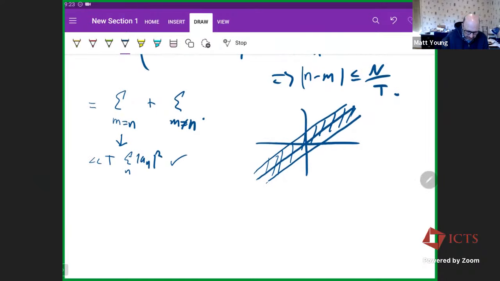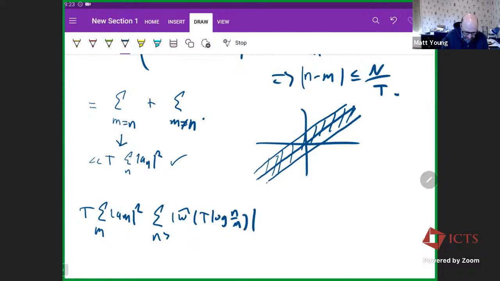Okay, so from m not equal to n, we can do the exact same trick. Let's look at a_m squared, and then let's just look at n, and then we've got our T, and then we'll put in this bound, w hat of T log n over m.